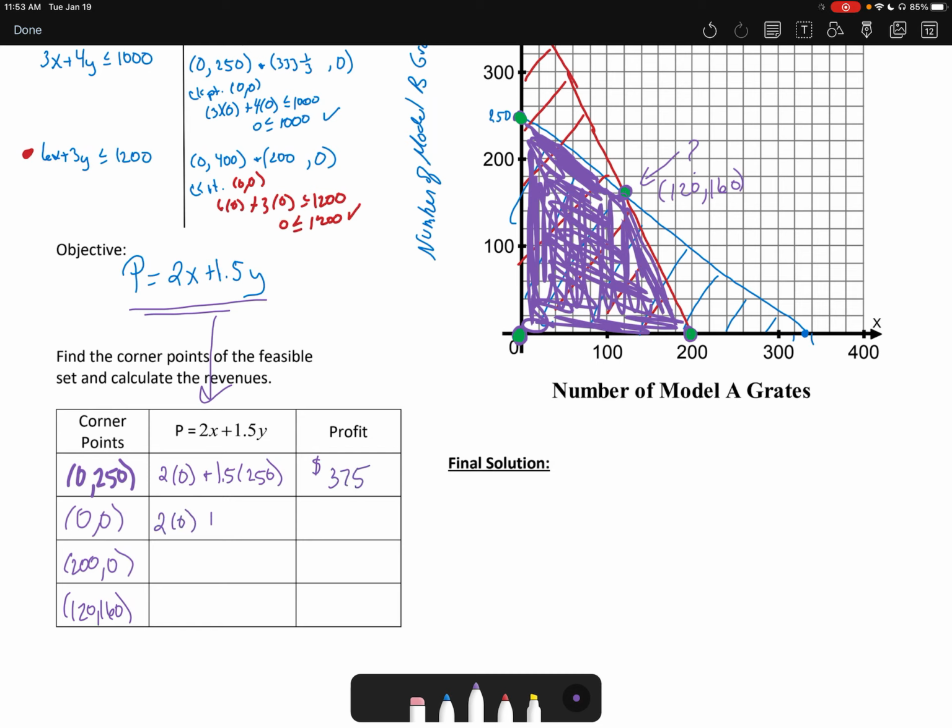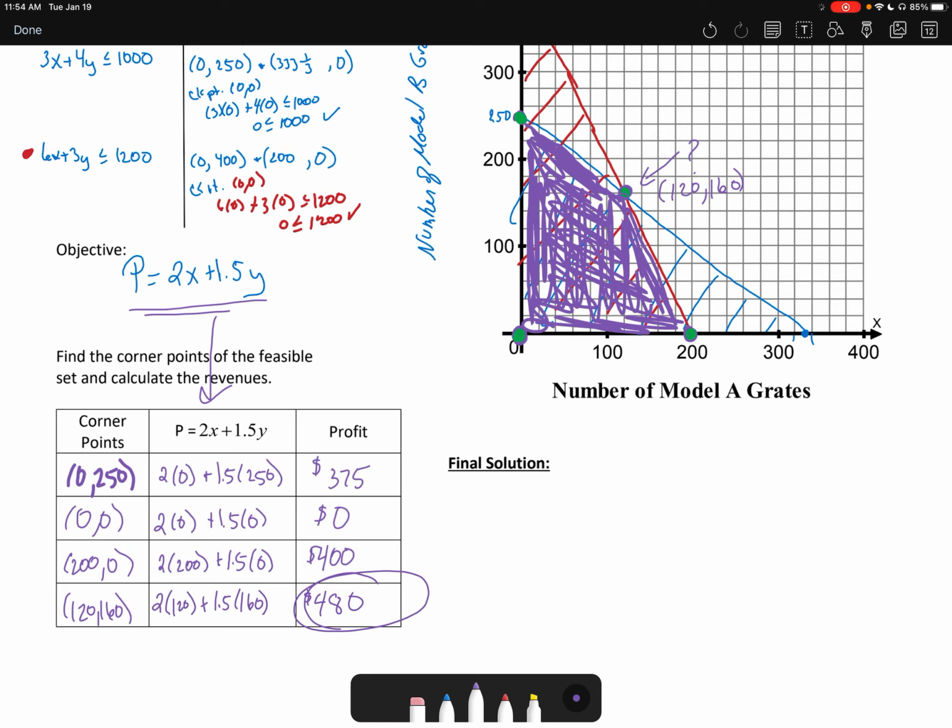Of course, if we put in zeros in both places, then our profit is 0. That's definitely not the max. If we put in 200 and 0, then we get a $400 profit. So that's the best so far. So far, this is the max. One more point to try. This one actually ends up being the best.